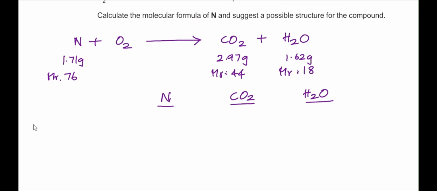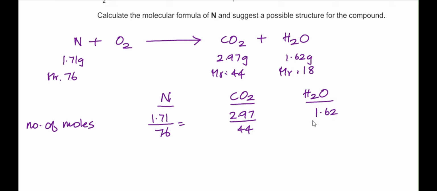Okay, and let's write number of moles. Number of moles for N will be its mass over its MR. Then for CO2, 2.97 over 44 and 1.62 over 18.